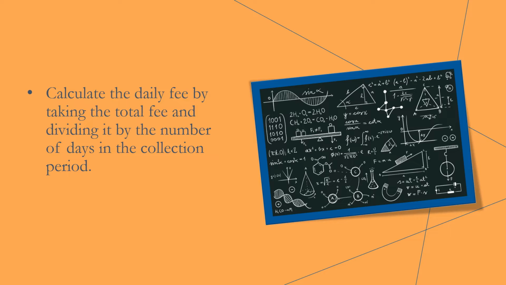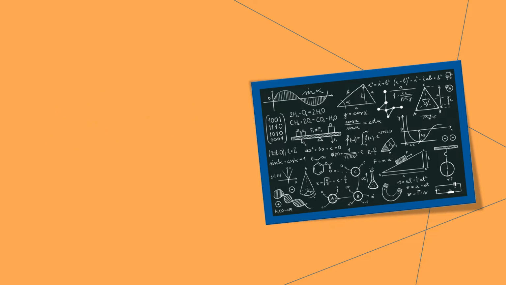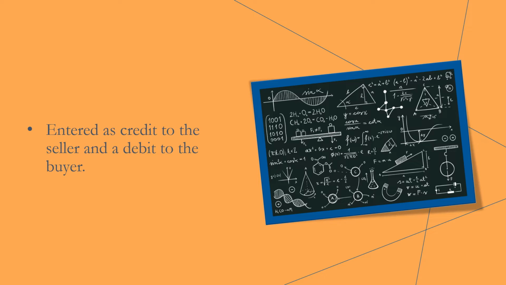You then calculate the daily fee by taking the total fee and dividing it by the number of days in the collection period. You can multiply the daily fee by the buyer days to get the amount to enter as a credit to the seller and a debit to the buyer.